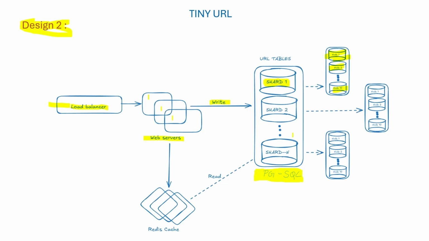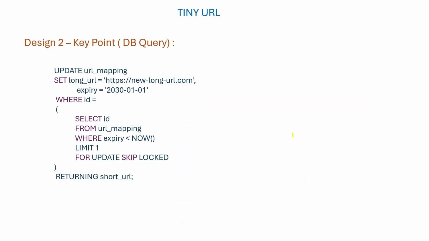When we get a write request, the server will first try to grab a lock on an unused or expired row. That happens by this query.